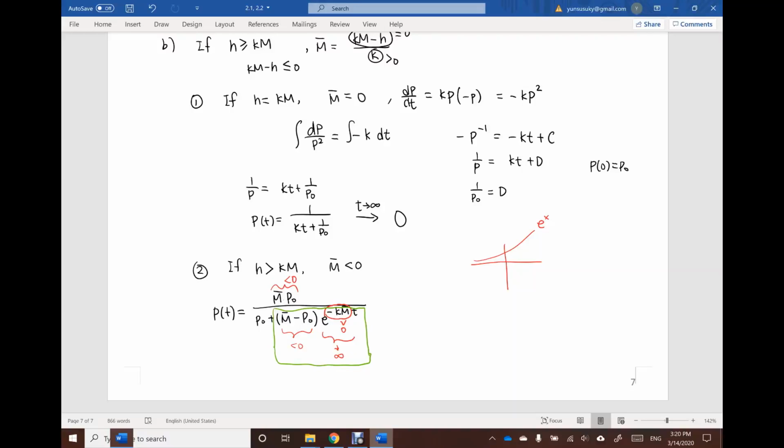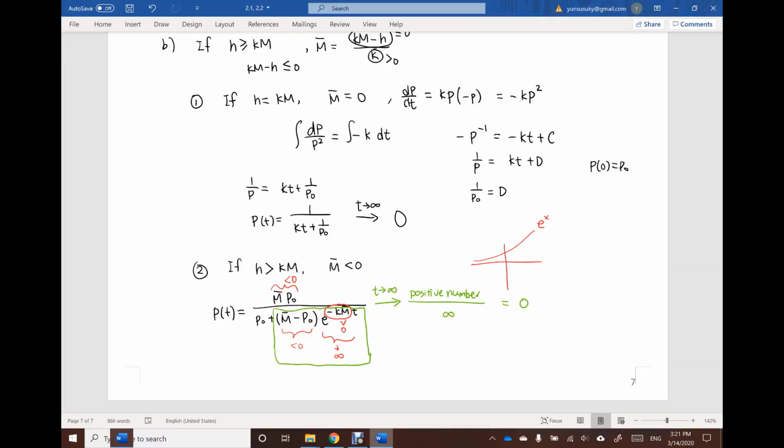So the numerator is negative and the denominator will be negative; negative and negative cancel, so the answer will still be positive. So you get a positive number over something going to infinity, so the answer is 0 as t goes to infinity. So we also get the same conclusion: the population will be extinct for part B.